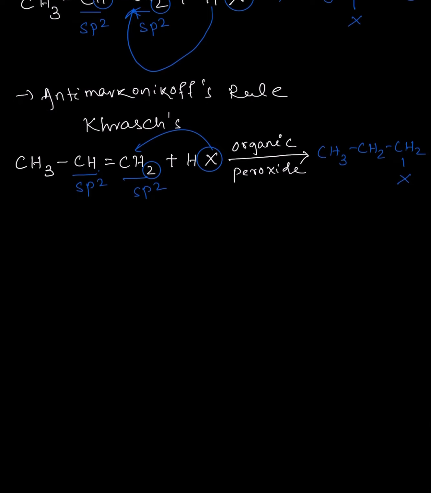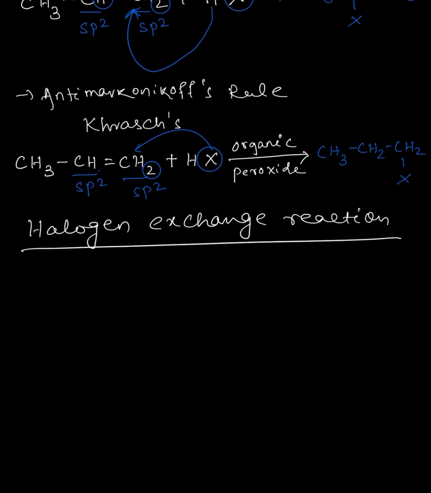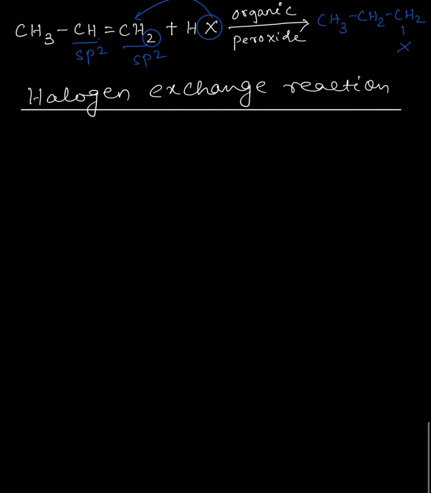Now, in the last class, we discussed that fluorine and iodine, due to size and electronegative value, have specific characteristics and are differentiated. So we will discuss their preparation by the method called halogen exchange reaction. There are two types of halogen exchange reactions. One is called Finkelstein reaction.